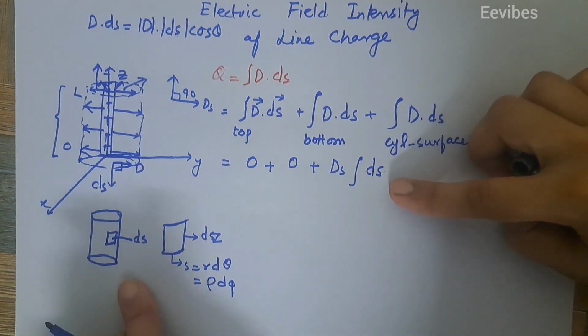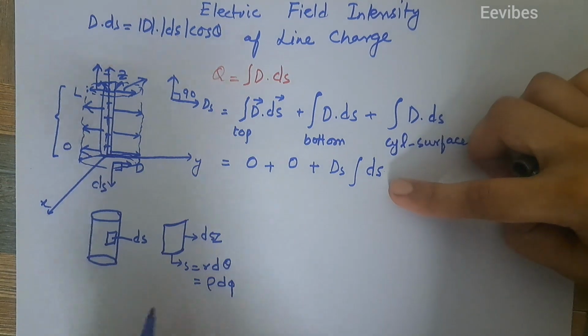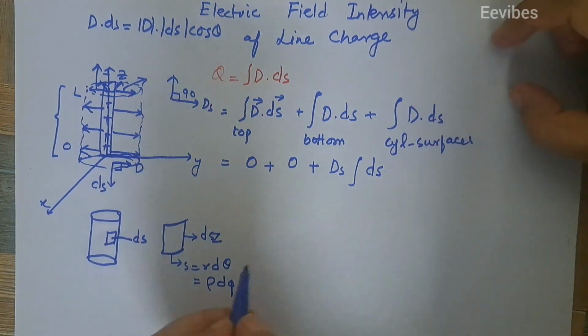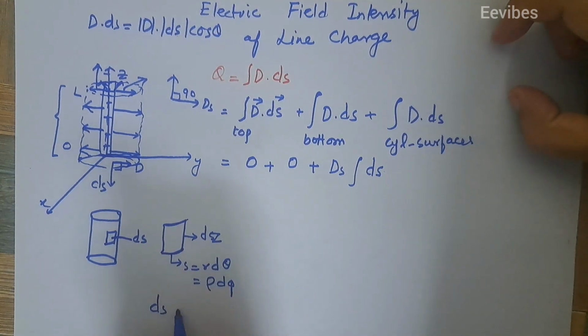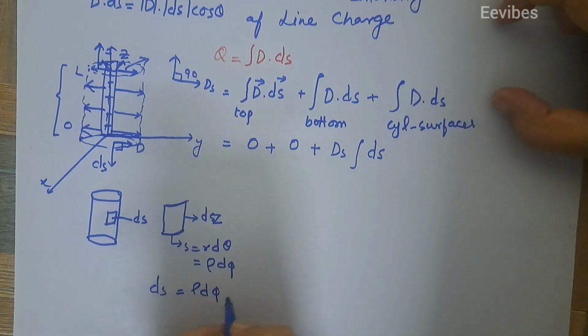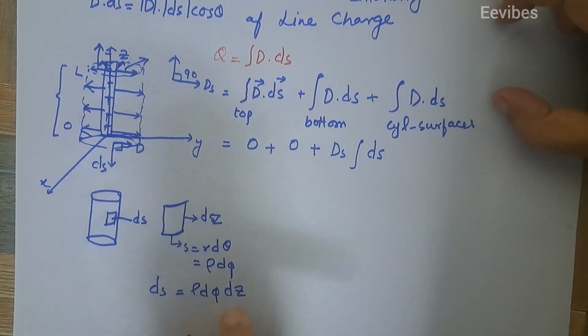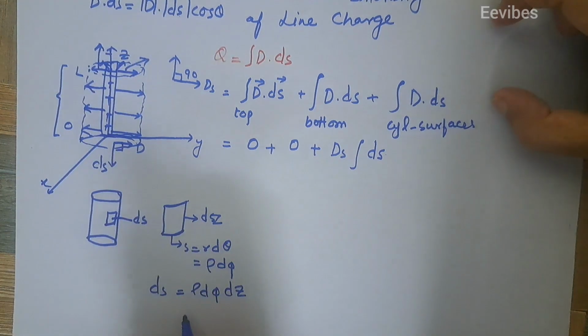You can also watch my lecture where I have explained the cylindrical coordinate system completely. So the surface area becomes dS equal to rho d phi dz, where z varies from 0 to L as we mentioned earlier.